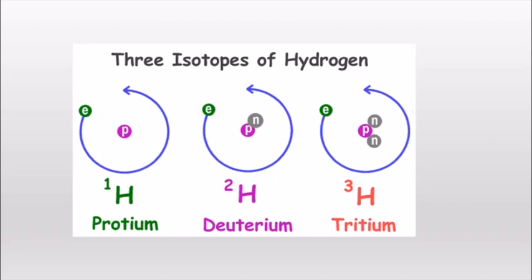But in the nucleus there are different numbers of protons and neutrons, so the atomic mass number is different.